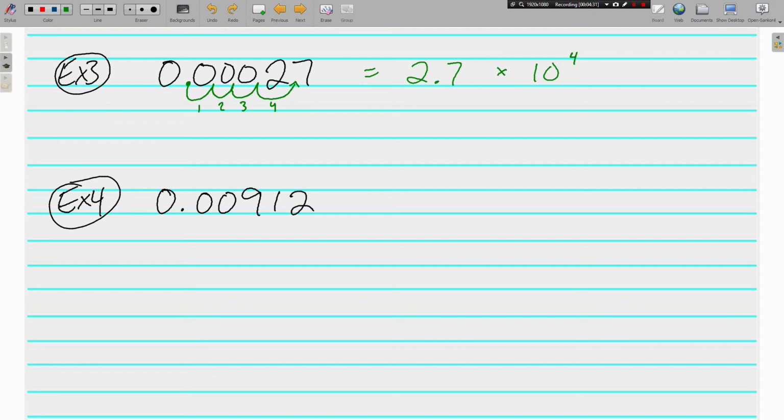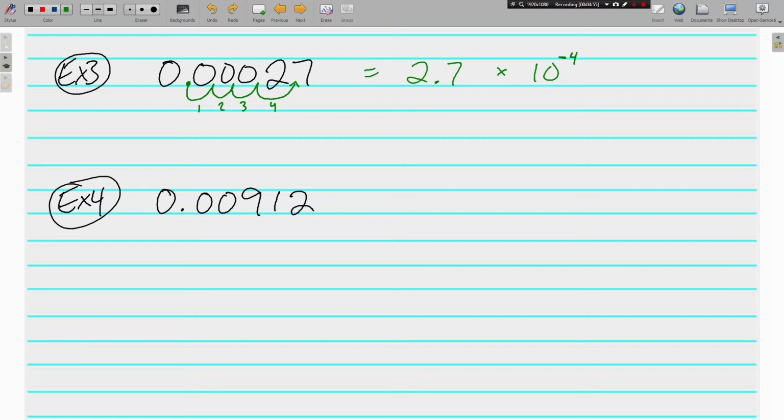We're dealing with very small numbers here, 0.00027. Times 10 to the 4th would give us a big number like 270,000. It's actually the negative 4th because we're dealing with small numbers. Remember, negative exponents do not mean negative numbers. They mean numbers that are less than 1.